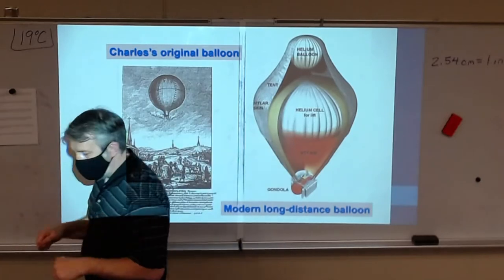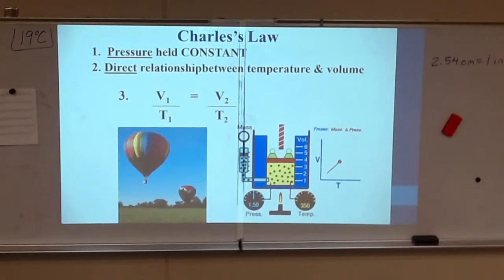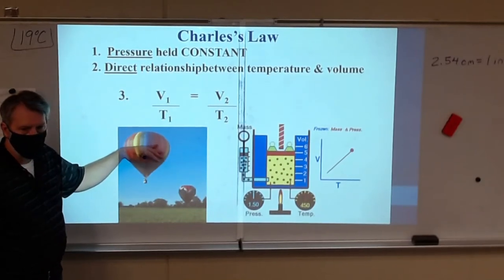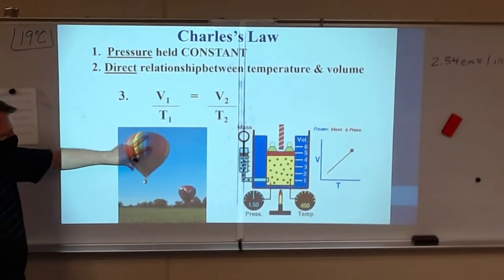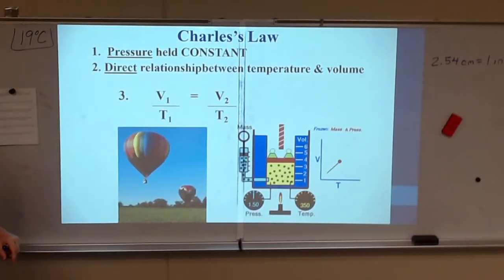In this case, pressure is held constant. Since I've got an opening here, the pressure on the outside is the same as the inside, so we keep that constant, but we have air that's less dense around it and less dense inside the balloon.